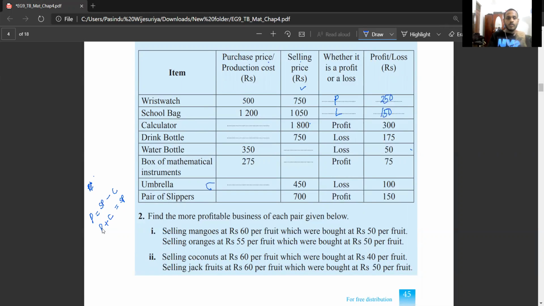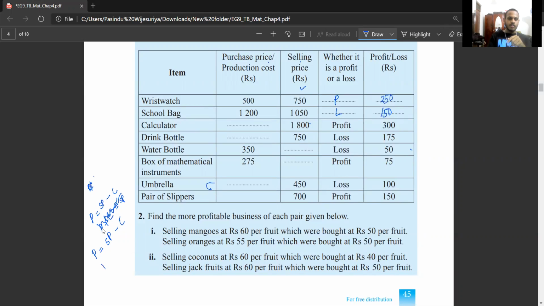Sorry, we actually had to find the purchasing cost, my bad. Profit is selling price minus cost. No, we have to find the cost. Purchasing price is the cost.